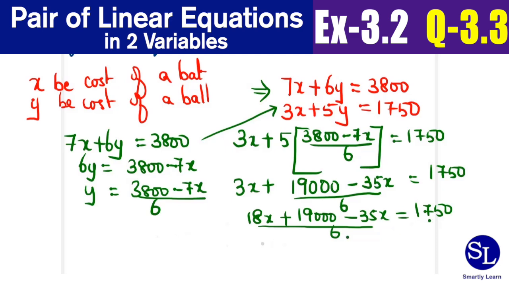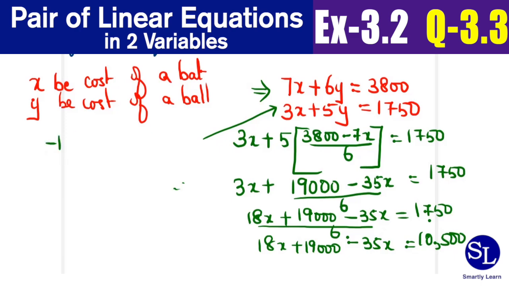So it is 18x plus 19,000 minus 35x is equal to 1,750 into 6, which is 10,500. Now you can simplify 18x minus 35x, which is going to be equal to minus 17x.